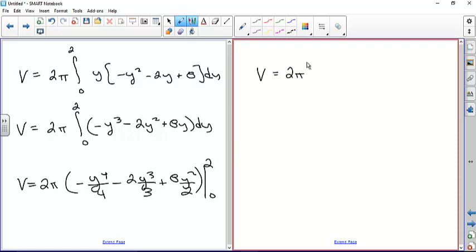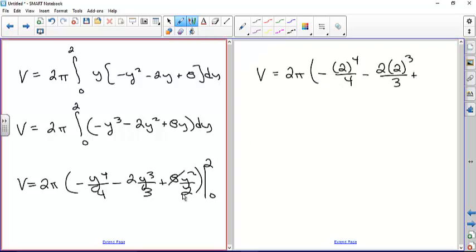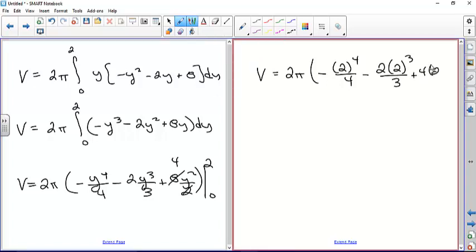So all we have to do is evaluate it at the upper limit. So you get negative 2 to the 4th over 4. Subtract 2 times 2 cubed over 3 and add, well, you notice 8 divided by 2 is 4. So we get 4 times 2 squared.